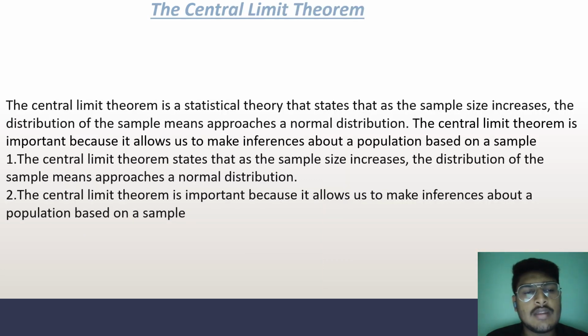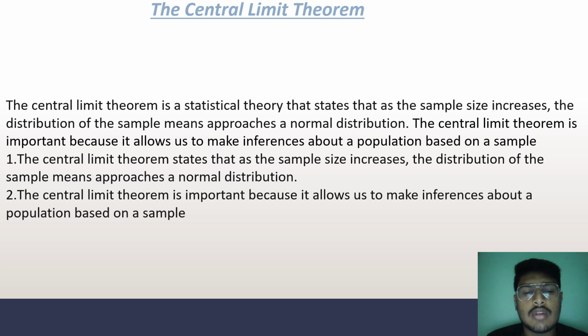Next, the central limit theorem. The central limit theorem is a statistical theory that states that as the sample size increases, the distribution of the sample means approaches a normal distribution.